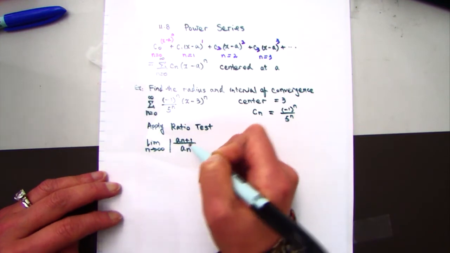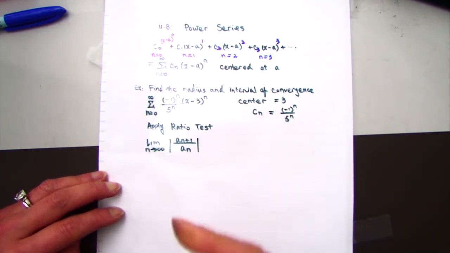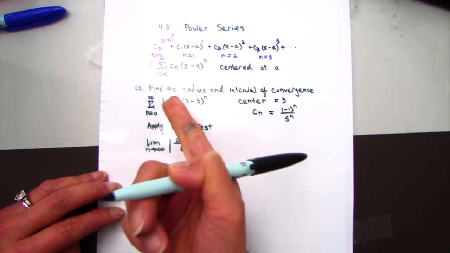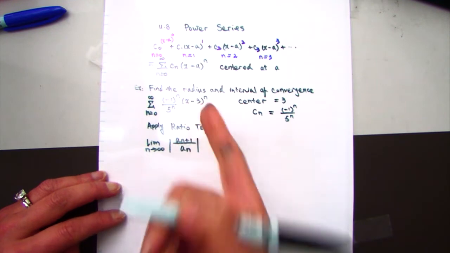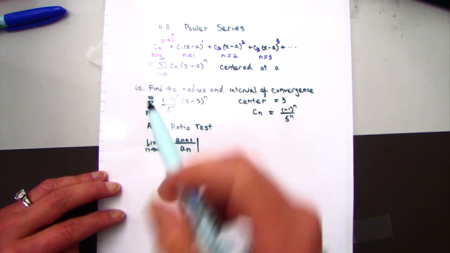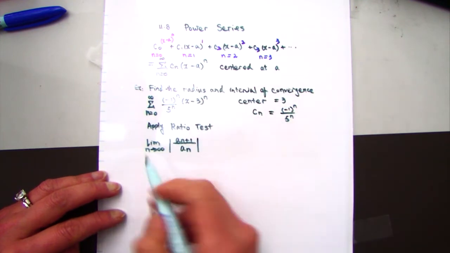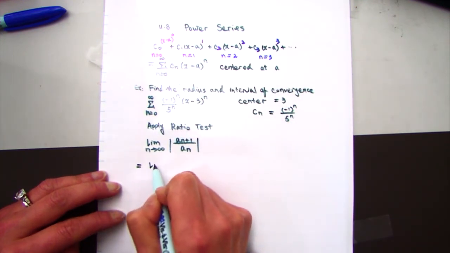So this is just like the ratio of a geometric series. Okay, and we're going to use that on our power series. They call it A sub n, and that's fine. Equals limit.